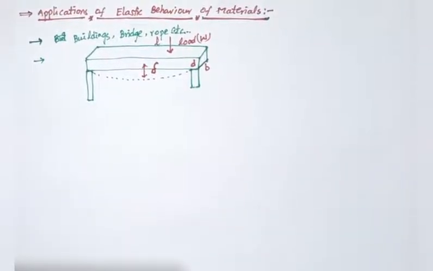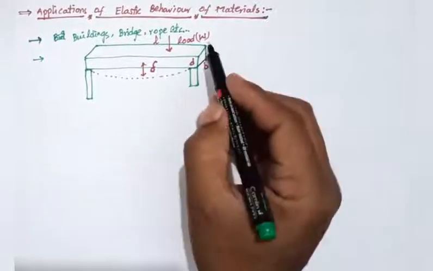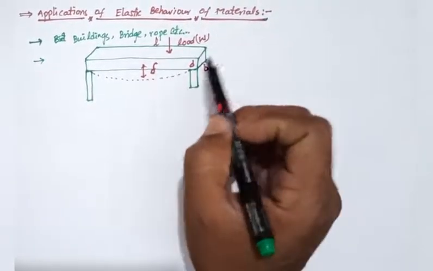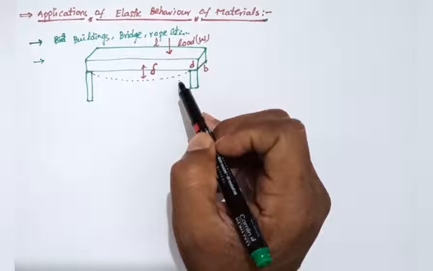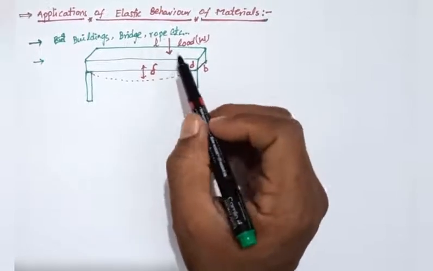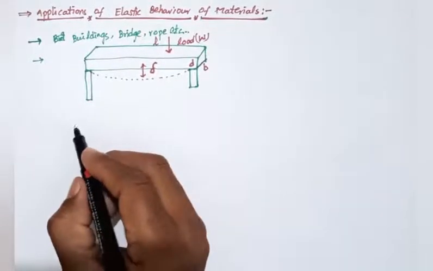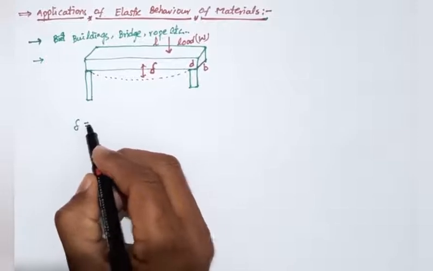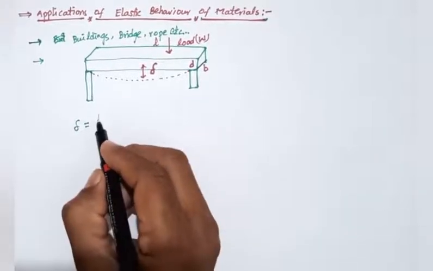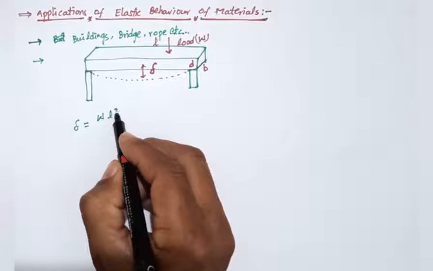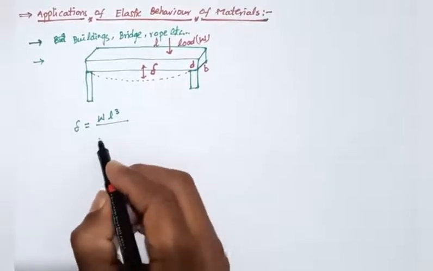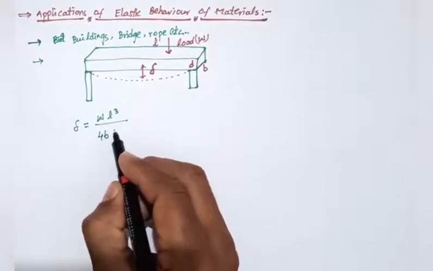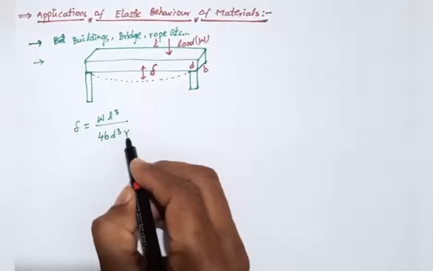This elongation depends upon the load, the Young's modulus of the material, and the depth, length and breadth. So the equation is elongation delta equals W L cubed divided by 4 B D cubed times Y.